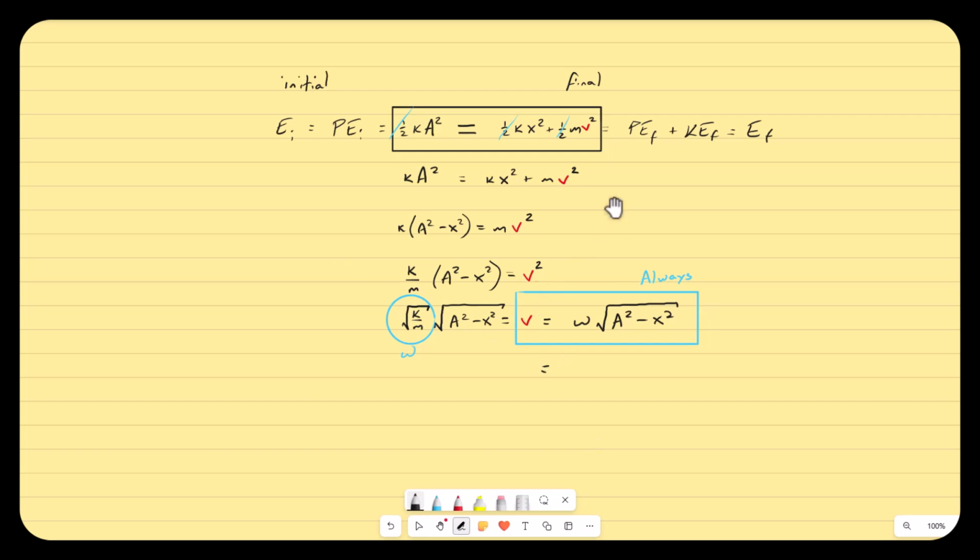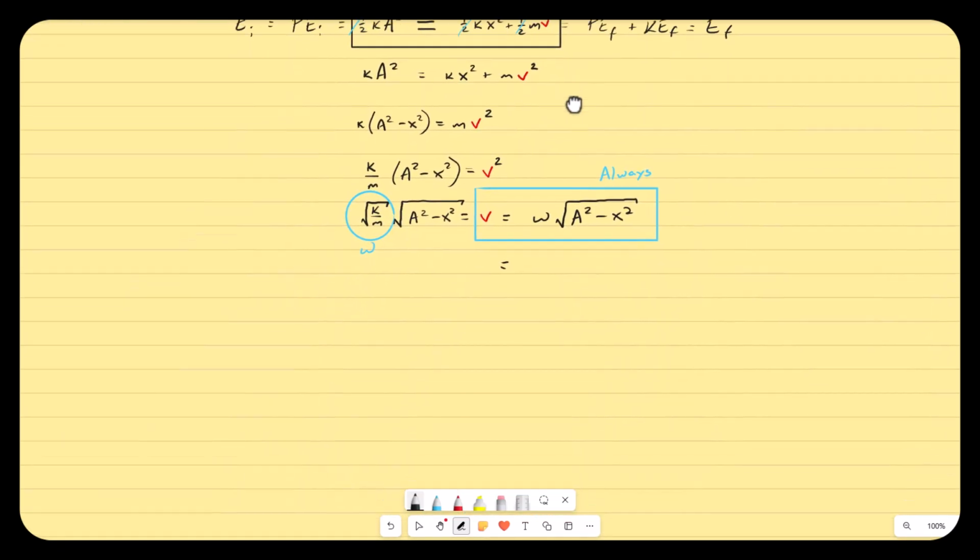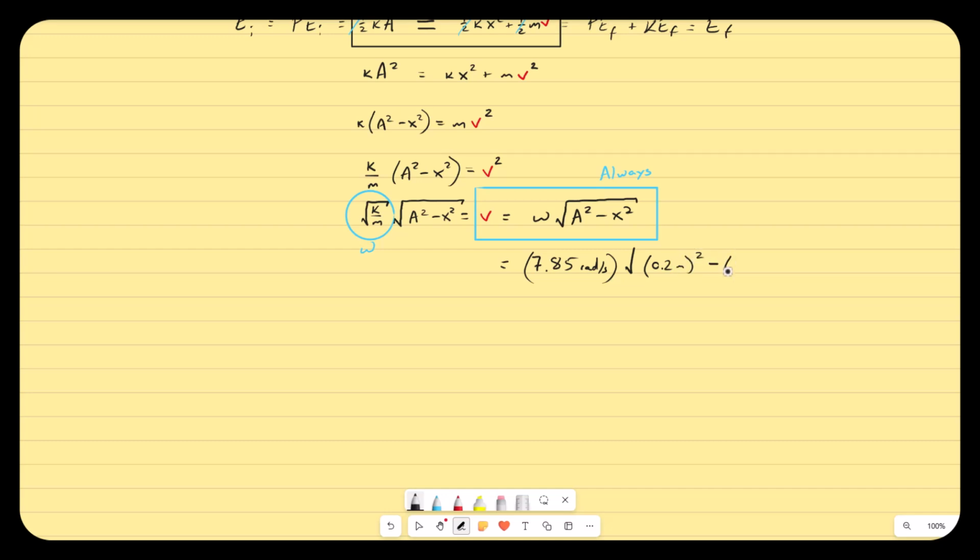I get a natural frequency which was up here, 7.85 radians per second. And I'm going to multiply that by the square root of the amplitude squared minus this new position, which is halfway to the amplitude, squared.